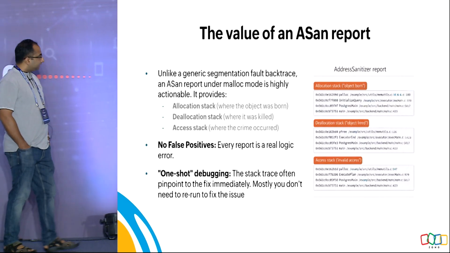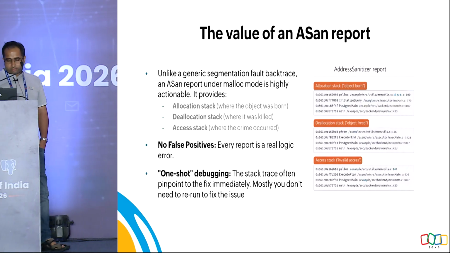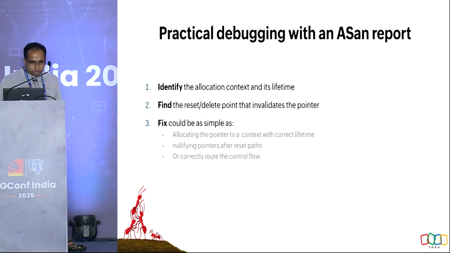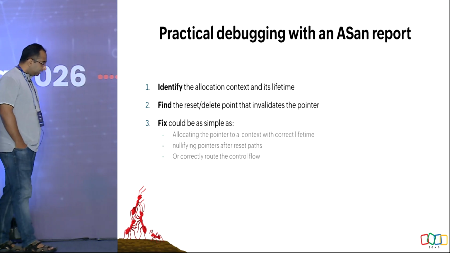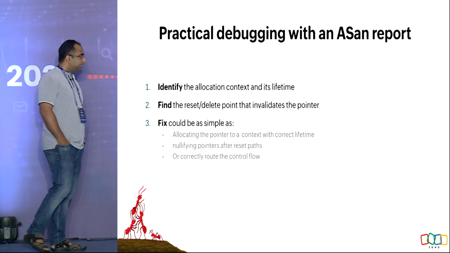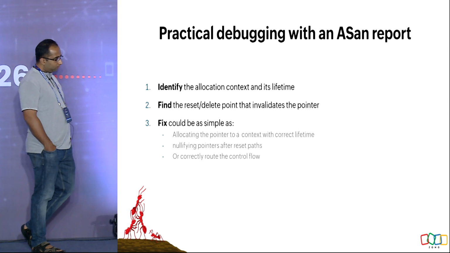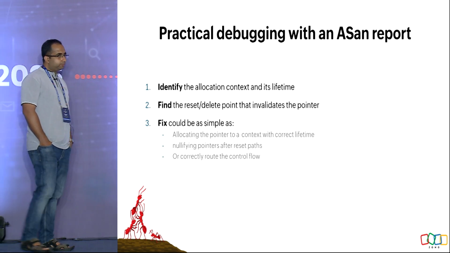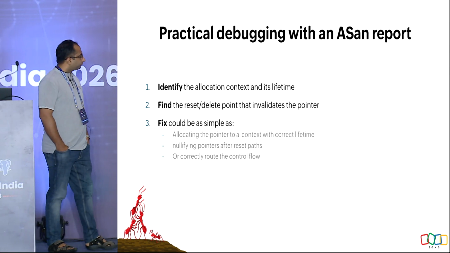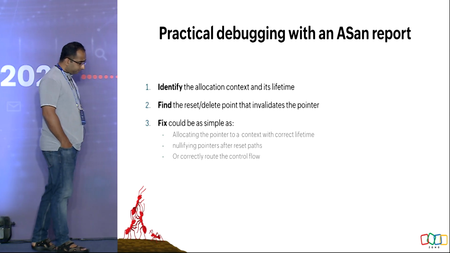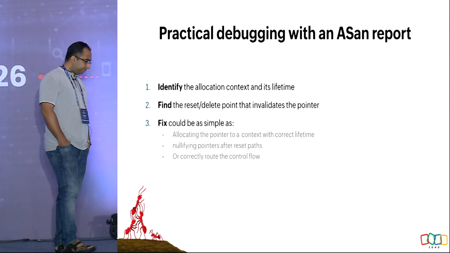As I said, the stack trace pinpoints the fix. A practical way to use an AddressSanitizer report, especially in case of PG, is to identify the allocation context and find its lifetime.